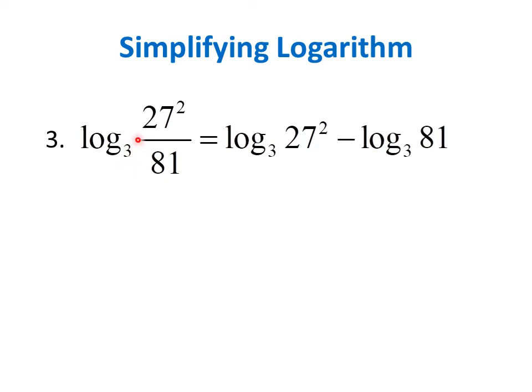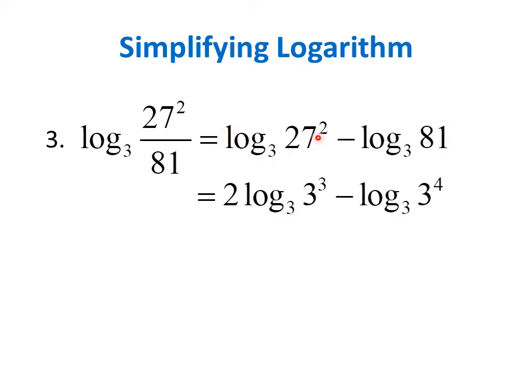And since we have here division in the argument, we have to use the minus operation or the difference. So let's rewrite this single expression into two terms. So we have log to the base 3 of the numerator 27 squared minus log to the same base 3 of the denominator 81.